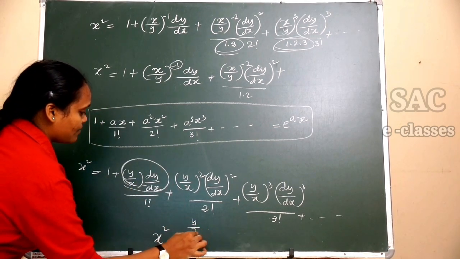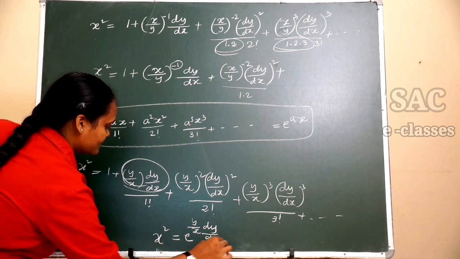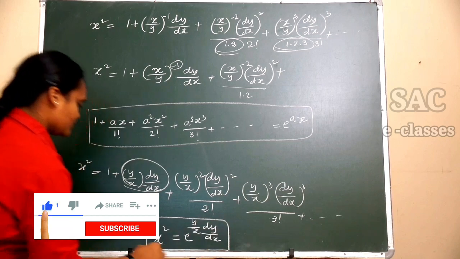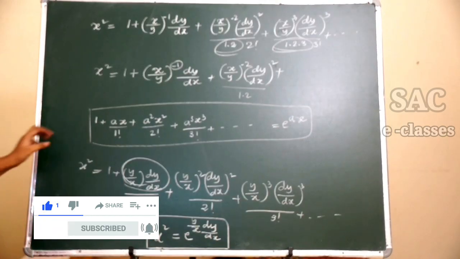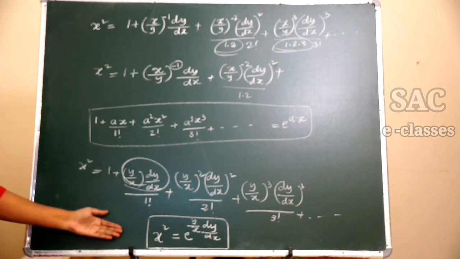Ax means here y by x into dy by dx is there.